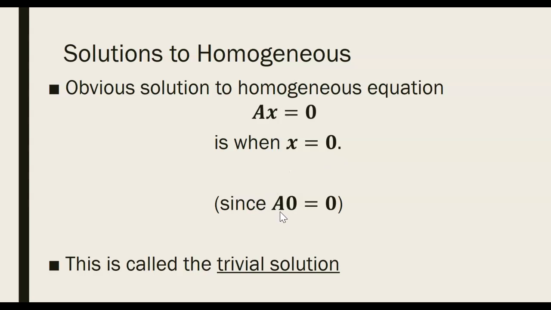So since any matrix times the 0 vector is going to give us a 0 vector, the 0 vector is always going to be a solution to this homogeneous equation. Now, because it's the obvious one, we call it the trivial solution. So the 0 vector is the trivial solution.